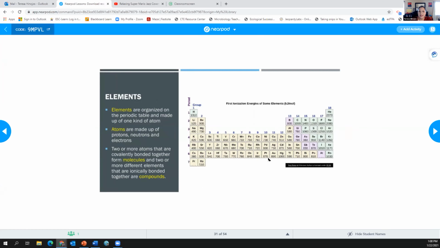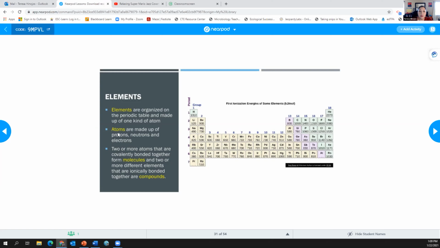Some of them have been synthesized in the lab, but you can't just go and find a new one. These are the ones. And these are like the most basic component that everything in the universe is made out of, okay?